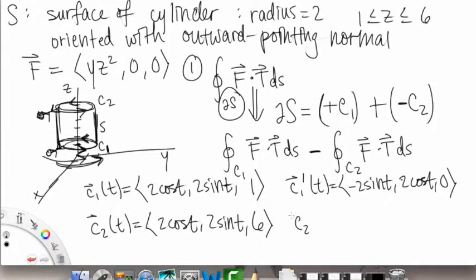Differentiating, C2 prime of t ends up being the same, because the constant becomes 0 in differentiation. Keep these in mind, make a note of them, and I'll move on to the next slide where we start setting up our integrals.